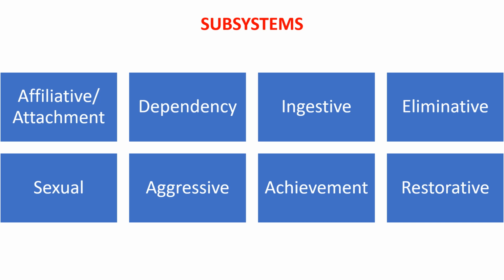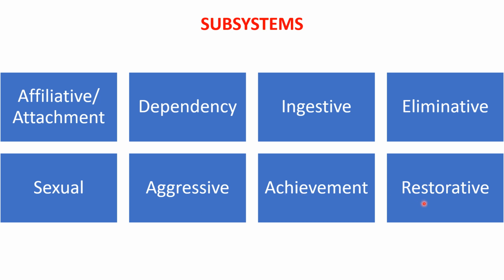We told about 8 subsystems. The first subsystem is known as affiliative or attachment subsystem. Second is dependency. Third is ingestive. Fourth is eliminative. Fifth sexual. Sixth aggressive. Seventh achievement.